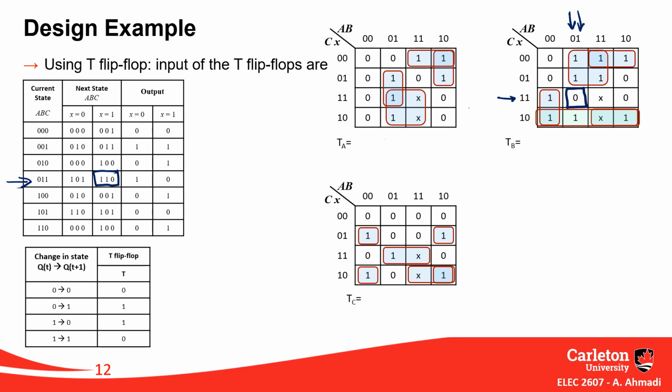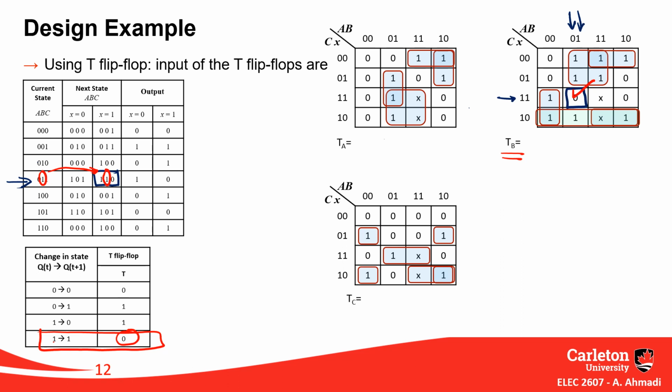We are talking about B, we are finding TB, so transition for B from 1 to 1. Transition from 1 to 1 means no change, means your T, look at this here, at T flip-flop table. Transition from 1 to 1, input must be 0, so this is correct.